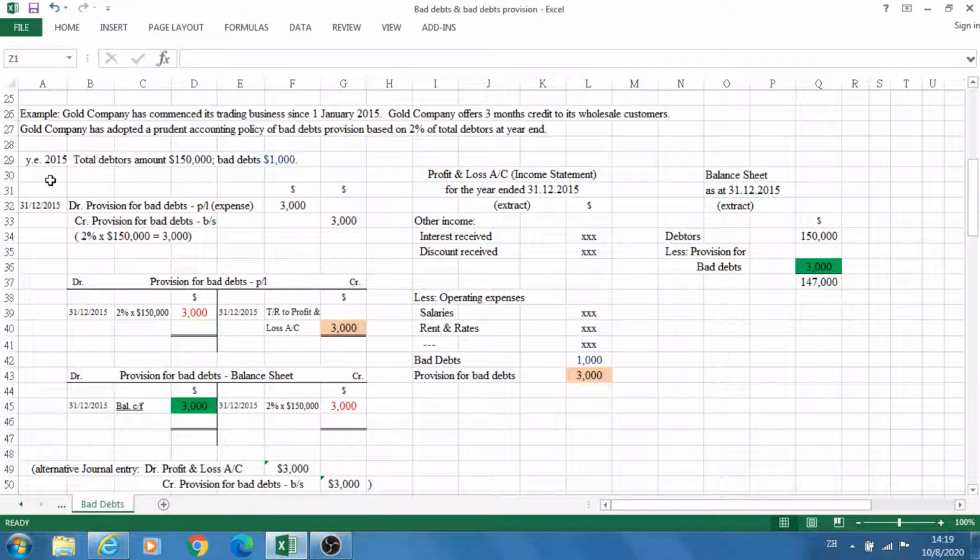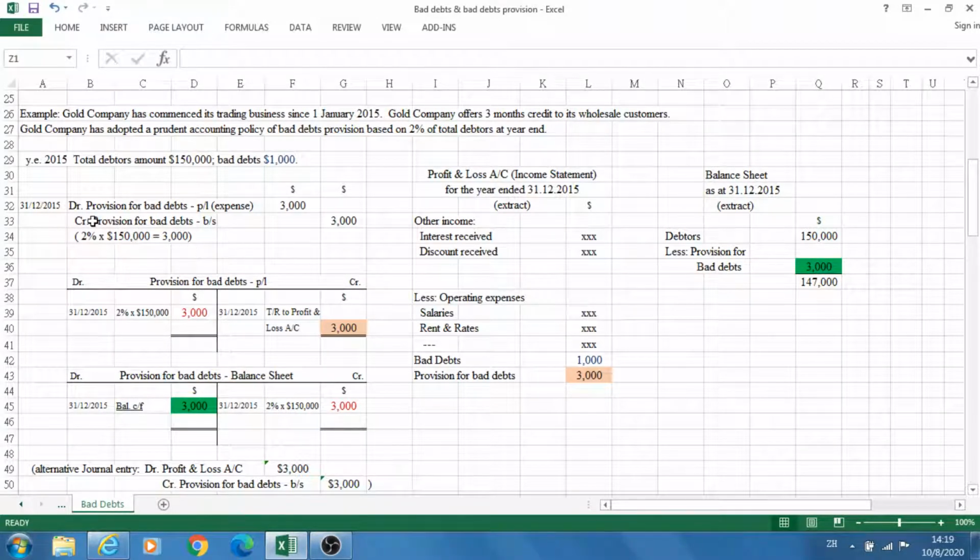At end of 2015, total debtors amount $150,000. Bad debts $1,000. The calculation of provision for bad debts is 2% times $150,000 equal to $3,000.